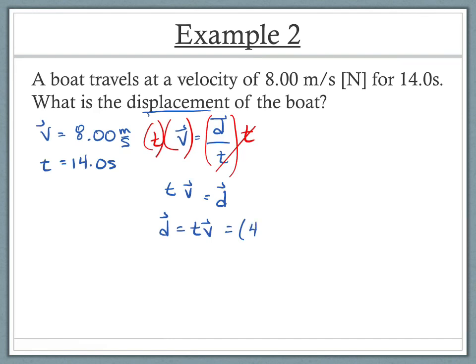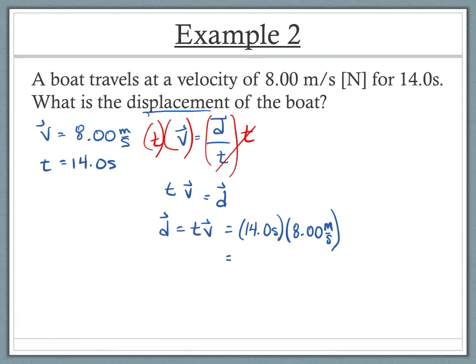All right, so we just take time and multiply by velocity. That'll be nice. So 14.0 seconds times my velocity, which was 8.00 meters per second. By the way, when you are doing something that you have to hand in, you do have to show all these steps where you are plugging in the numbers. Okay. All right. So let's find our answer. 8 times 14.